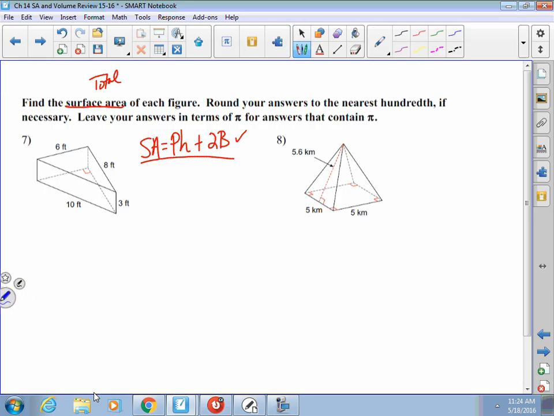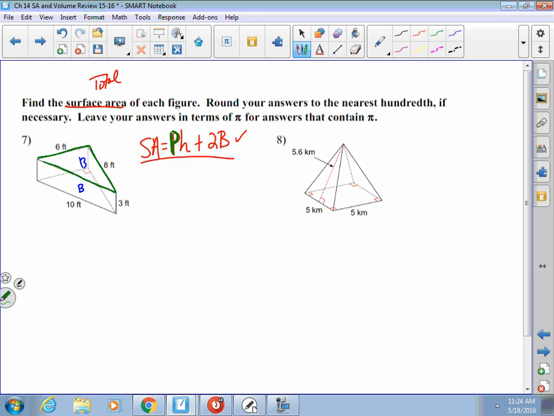Second thing, make sure we don't think the base always means the bottom. The base is the shape of the two congruent parts. That's why it's the triangle. So the first thing we need to do, P, I'm going to change this color to green. P means the perimeter of the base. That's our triangle. So we're going to add up the sides because we're going around.